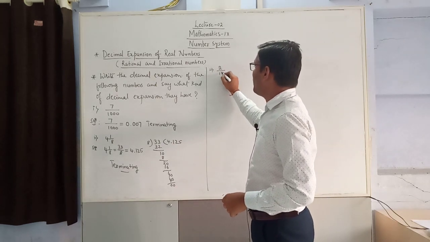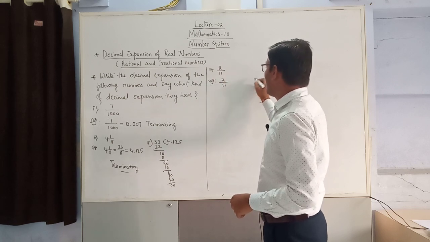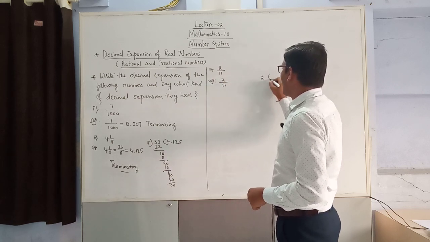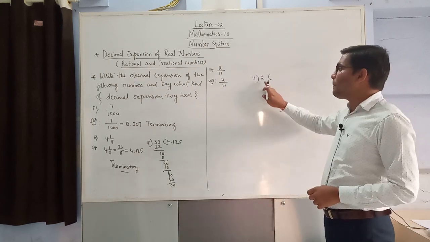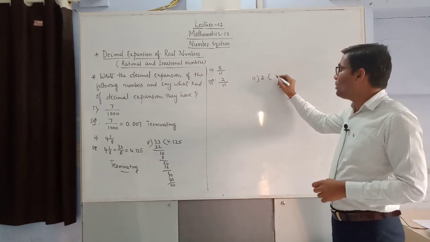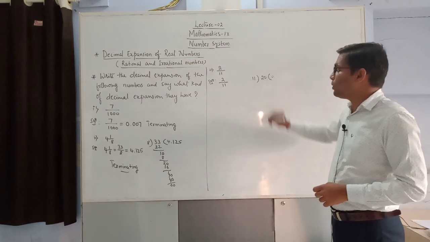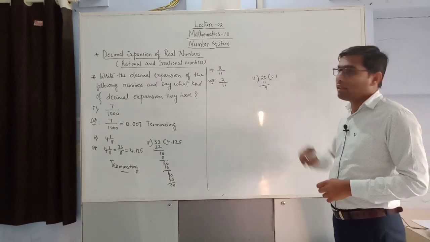2 divided by 11. Let's divide 2 by 11. Now 2 is less than 11, therefore put a point over here, take a 0. Now 11 1s are 11, 9 remains.